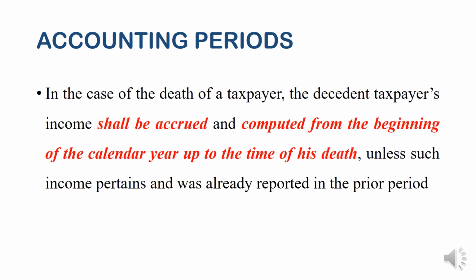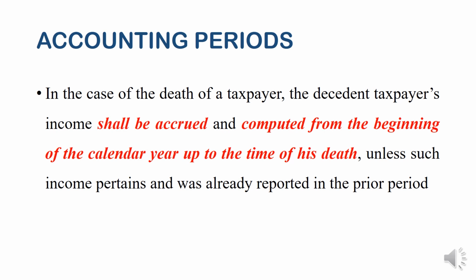So anyway, in the case of death of the taxpayer, the decedent taxpayer's income shall be accrued and computed from the beginning of the calendar year up to the time of his death, unless such income pertains to and was already reported in the prior period.